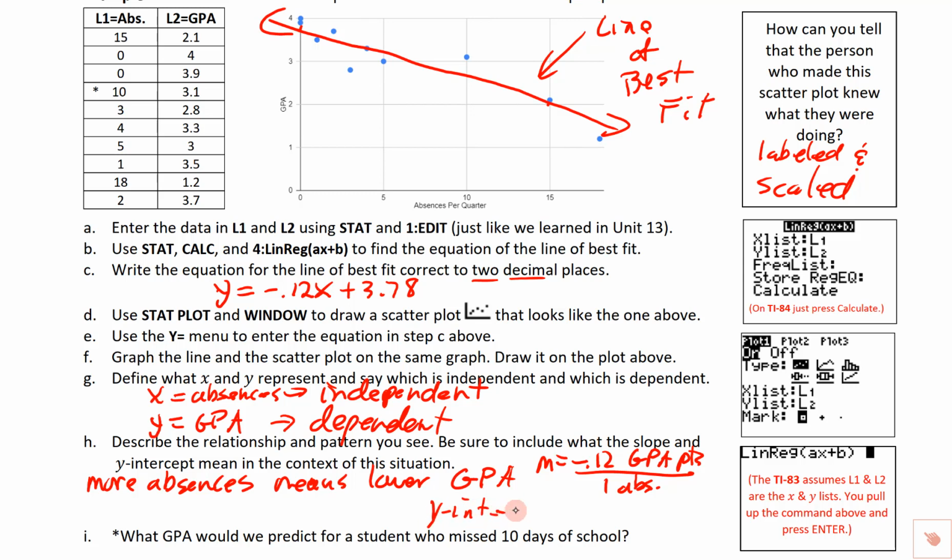That means 0 absences means you get a 3.78. Now, that's just kind of a prediction. It's not perfect. We certainly didn't have any 3.78s here. It was a little bit lower than the 2 data points that actually had 0 absences. But again, this is just kind of a line of best fit. It's not a perfect predictor or anything like that.